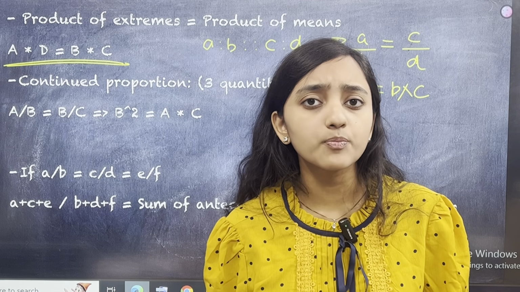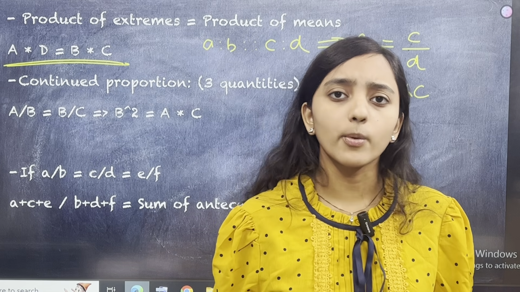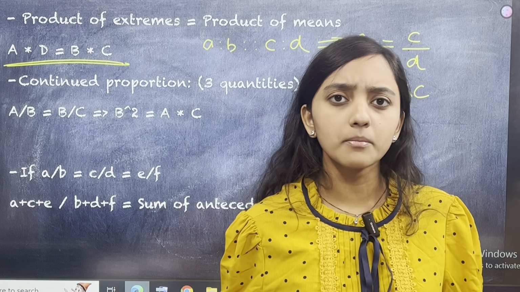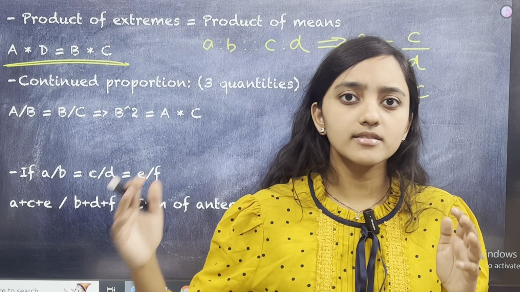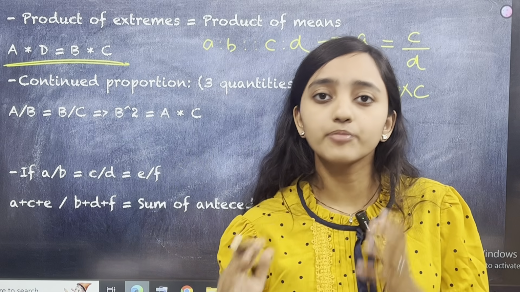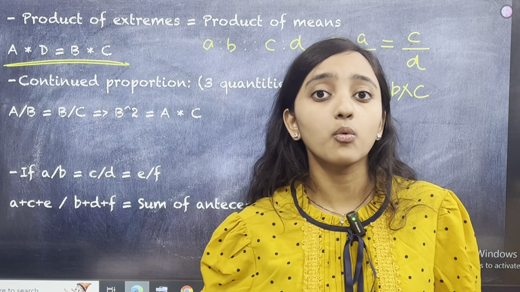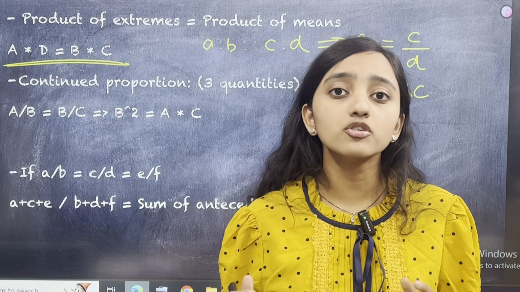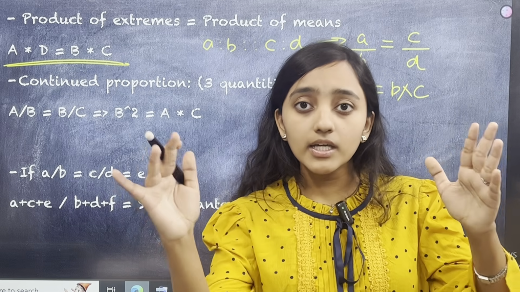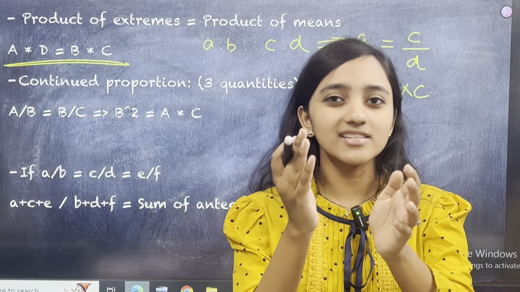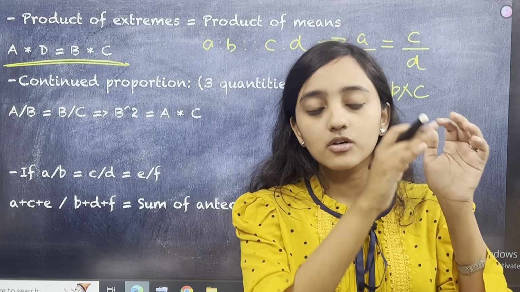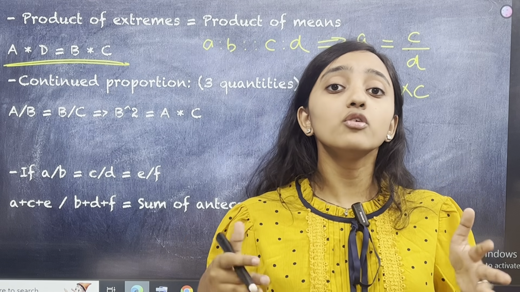Where will you be using this particular formula? Suppose you have a question. The four terms 3, 6, 7 and D are in proportion. Can you please find out what is the term D? So you will use this formula: 3 into D is equal to the middle terms, 6 and 7. This is how you will be solving questions.